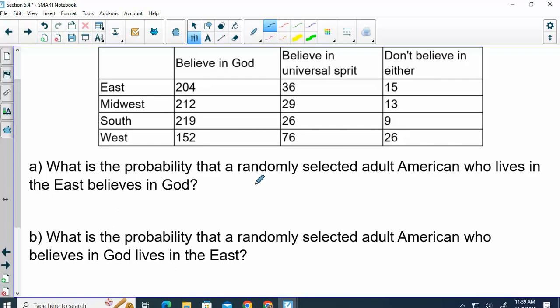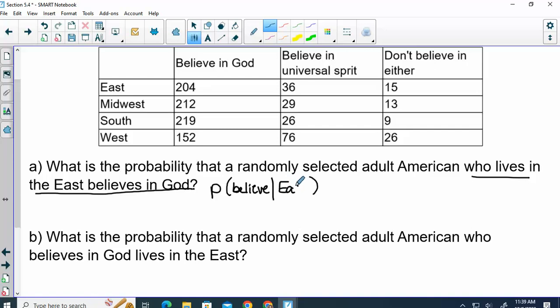All right, so let's practice our notation. I'm asking for the probability that someone who lives in the East believes in God. So I'm asking for the probability that they believe, given, what do I already know?